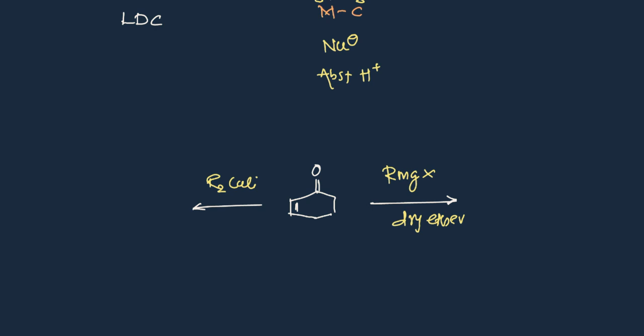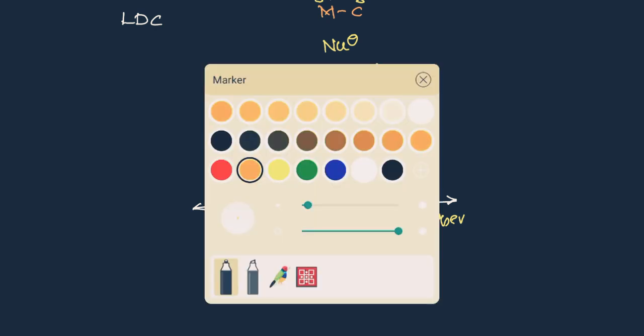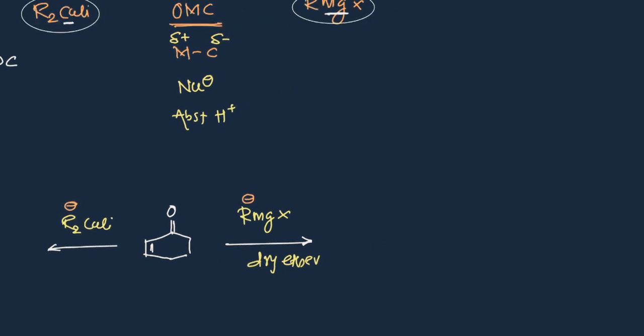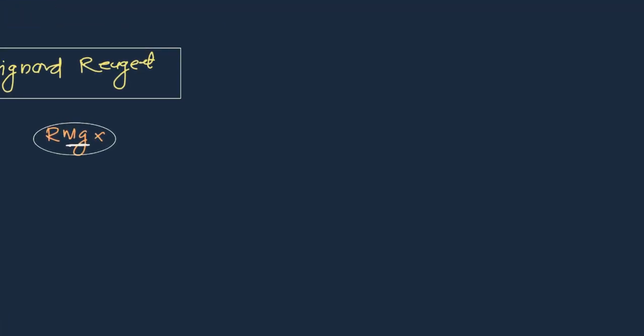Now you know that this R negative in both cases is quite different, and the carbonyl compound has two electrophilic centers. So I will first show you the simple and common reaction.